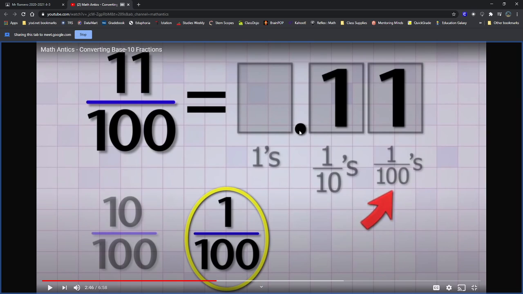That means behind my decimal, I'm going to write 11. Now, what he said, like I said, is completely true. This is the same as 10 hundredths plus 1 extra hundredth. 10 hundredths would be the same thing as 1/10, and 1/100th is a hundredth.